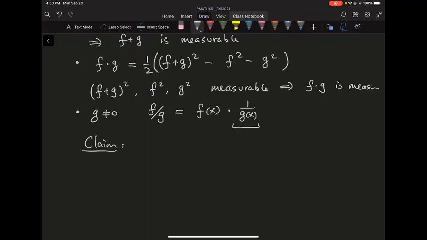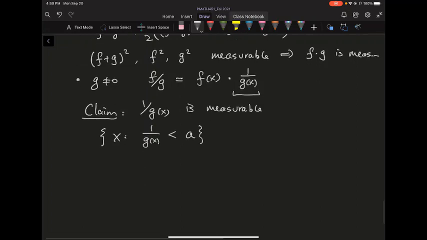Here's the claim: 1 over g of x is measurable. To show that, you just need to consider its pre-image of something. Let's say the set of x where 1 over g of x is less than something, let's say a. There are really 3 possibilities for this set, depending on whether a is positive, negative, or equal to 0.